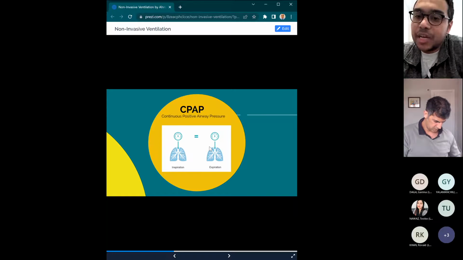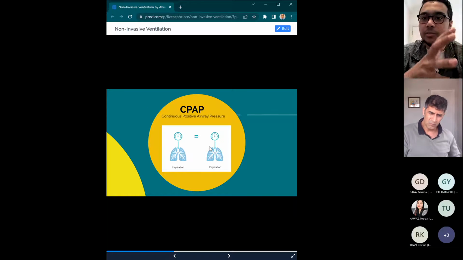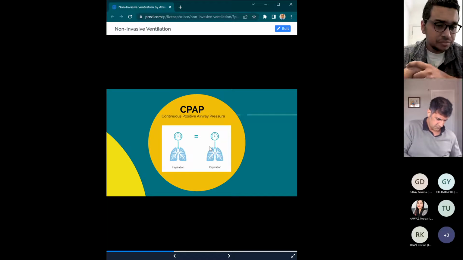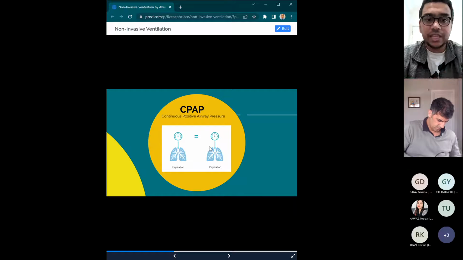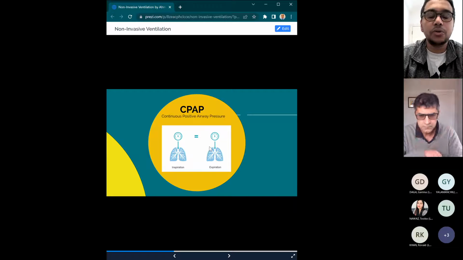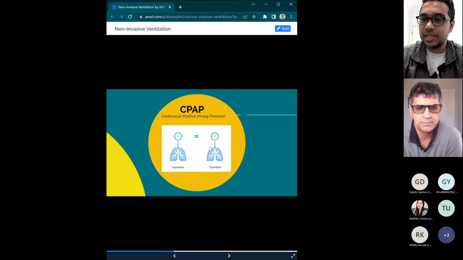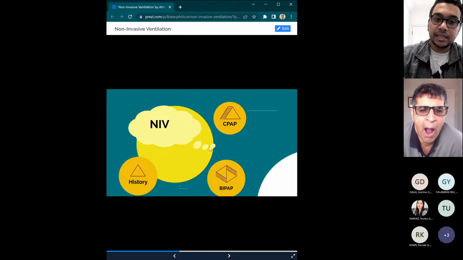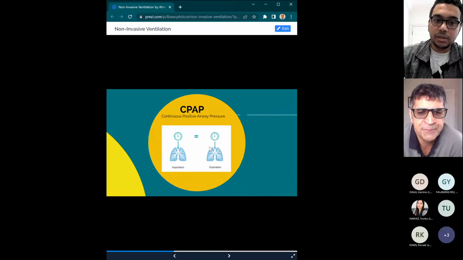So the CPAP is the continuous positive airway pressure, which is a very straightforward mode. We set a certain pressure which we want to keep continuously in the airway. I'll come to this in a minute. And so at all times, there will be a fixed pressure in the airway.